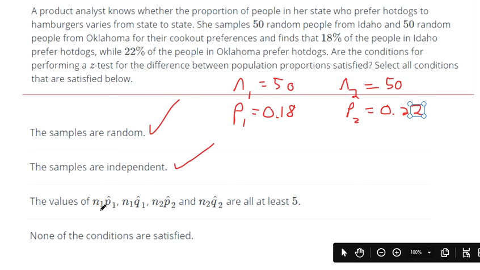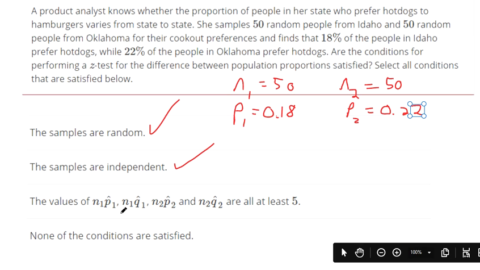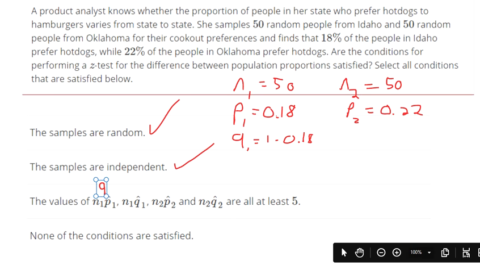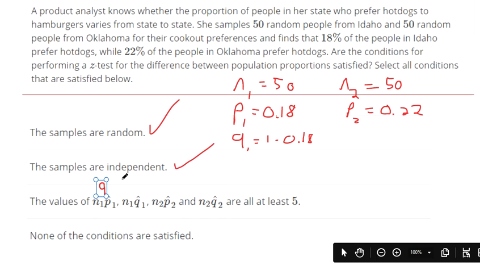We got to check these. So that means you got to do N1 times P1. 50 times 0.18 gives us 9. And then N1 times Q1. Remember, Q is just the complement. You just do 1 minus 0.18, like we saw in the last problem. So it's 0.82. If you do 0.82 times 50, that's surely going to be greater than 5, right?